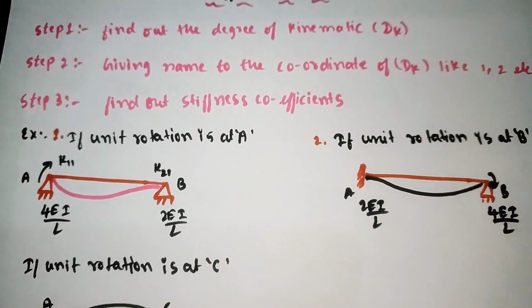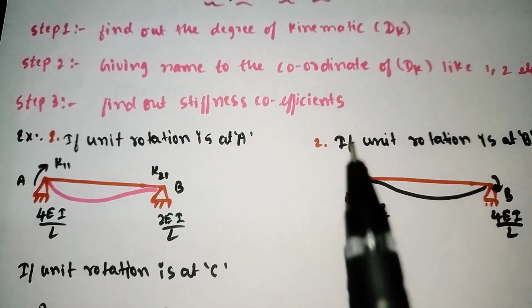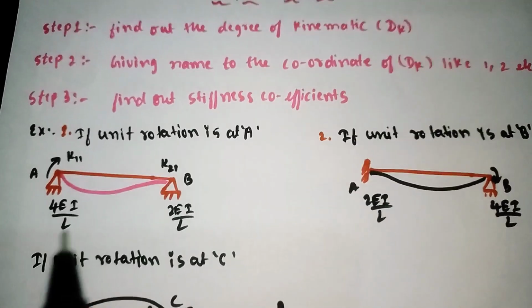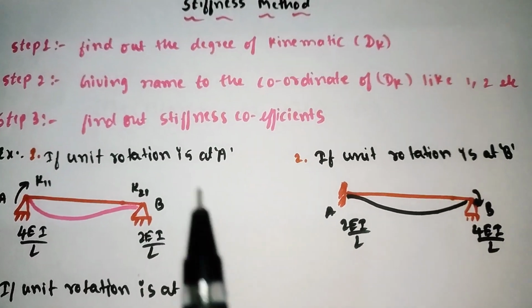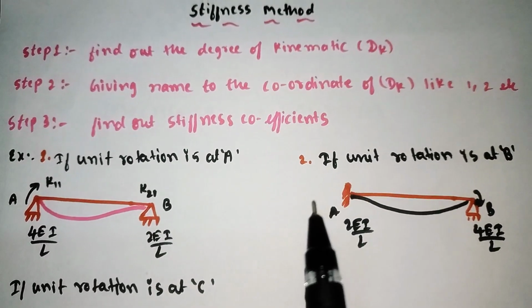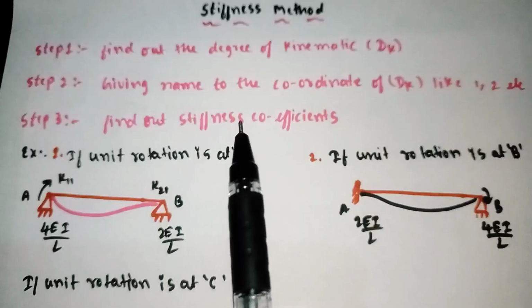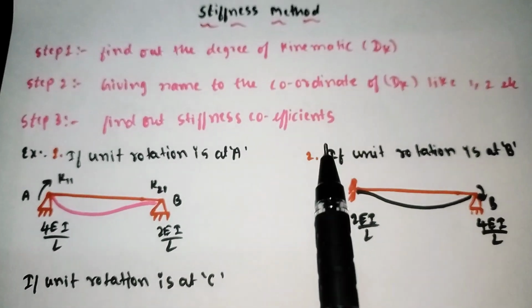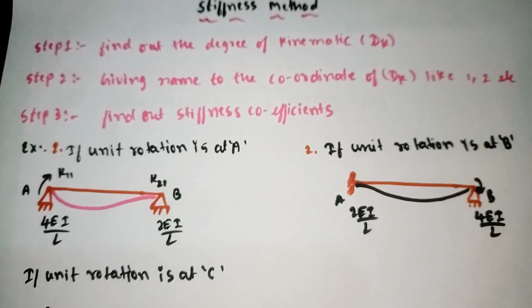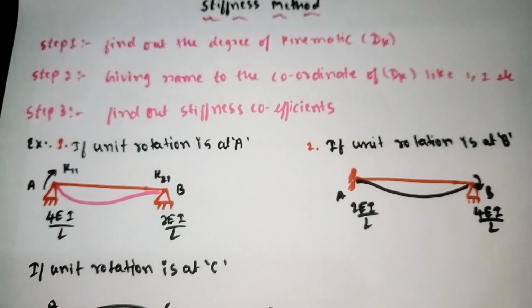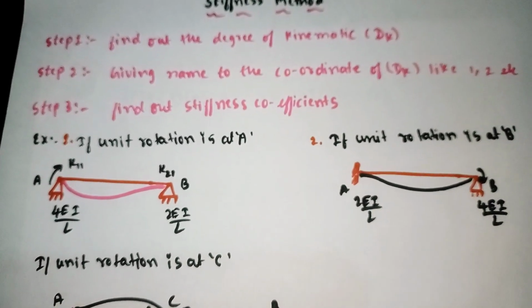When you solve manually, you come to know at what point each is acting. So you need to know how to calculate them manually. In that video I have explained it in detail, so before solving problems on the stiffness method, go and see that video.